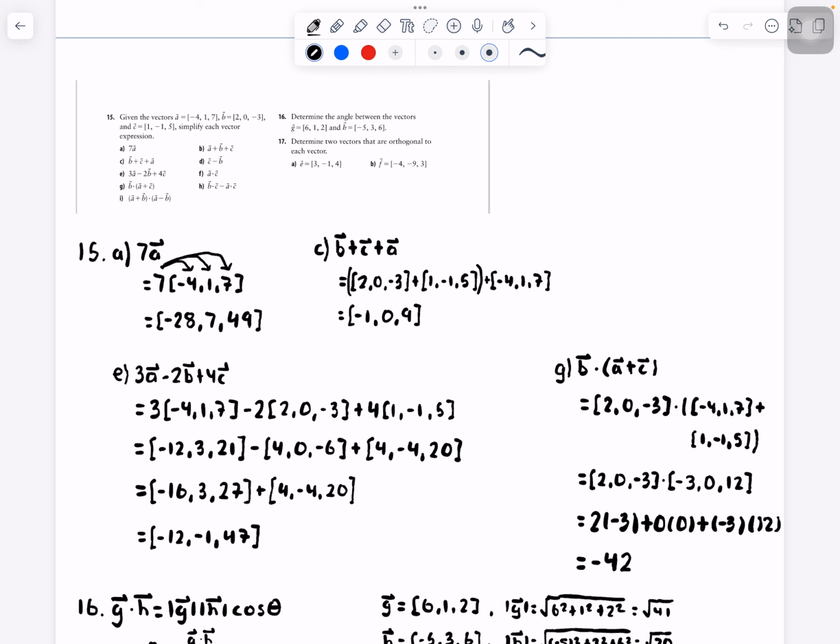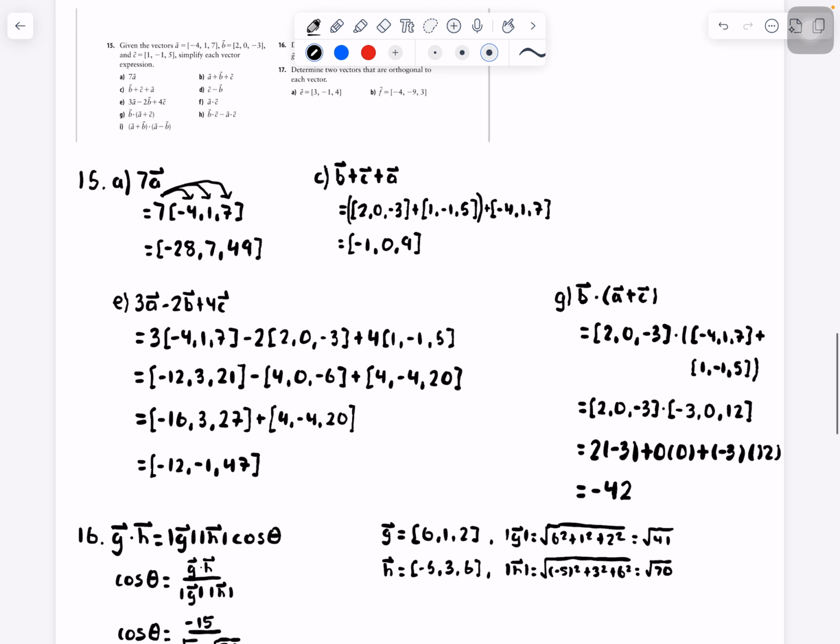All right, so question E. I'm taking some linear combination now. So I'm taking 3A minus 2B plus 4C. So I take the 3 times vector A, minus 2 times vector B, plus 4 times vector C. So again, I am distributing each of these scalars into the components first.